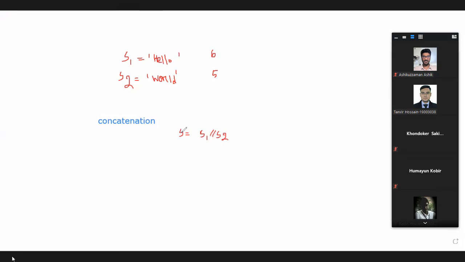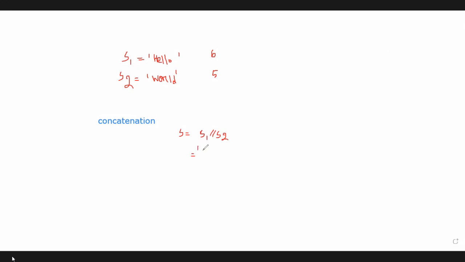So S equals S1 concatenated with S2. At first we take all the characters from the first string. For the first string we take how many characters? 6 characters, HELLO, then a space, and then we take all the characters from the second string, that is WORLD.